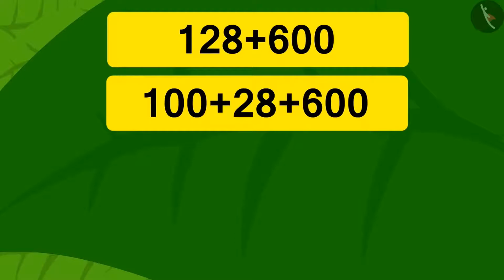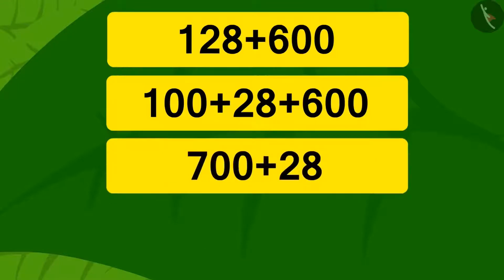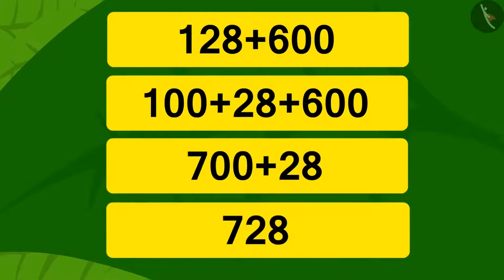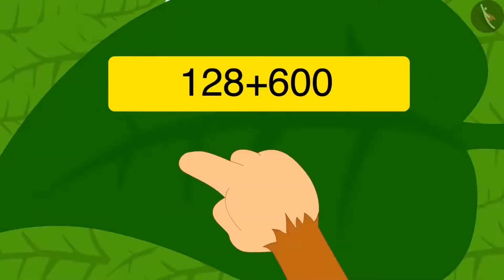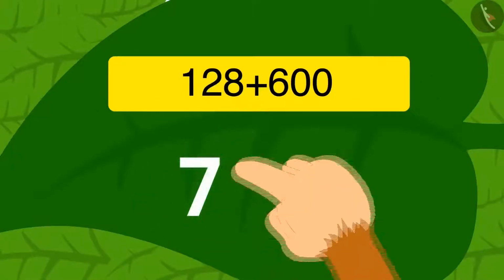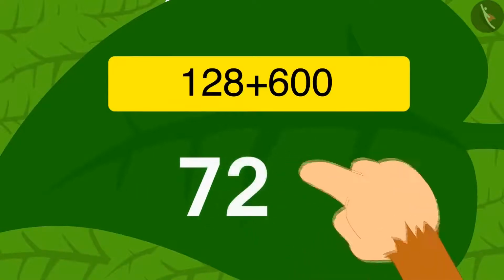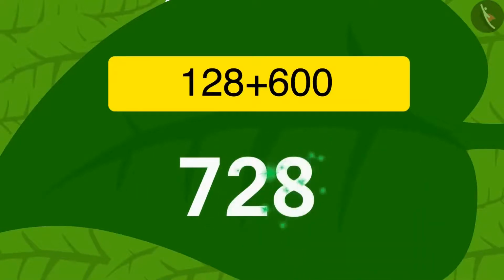Now with the same process we just learned, we can write 700 by adding 100 and 600. Now it's very easy. If you add 28 to 700, you get 728. Babban wrote 728 as the answer on the vine leaf, and the vine got smaller by sinking down even further.